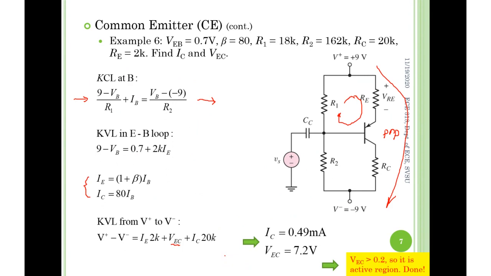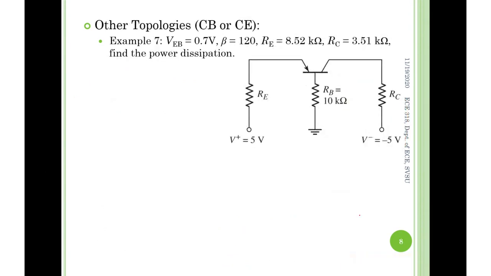All right, if this is fine, we can move on to example 7. So I'll give you guys another 5 minutes to do this. So carry on.